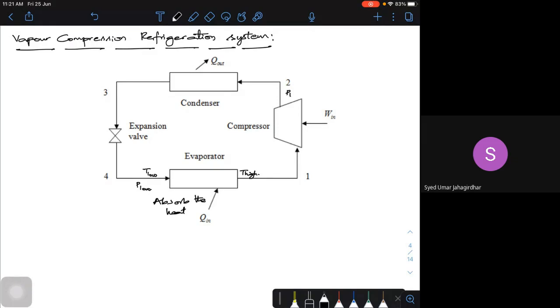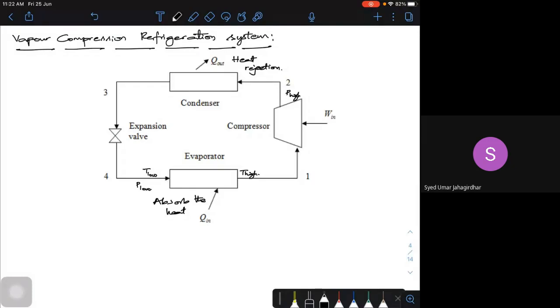When I compress it, the temperature also automatically increases, and then I can reject the heat. So the heat rejection takes place in the condenser, which is at a higher pressure and higher temperature.